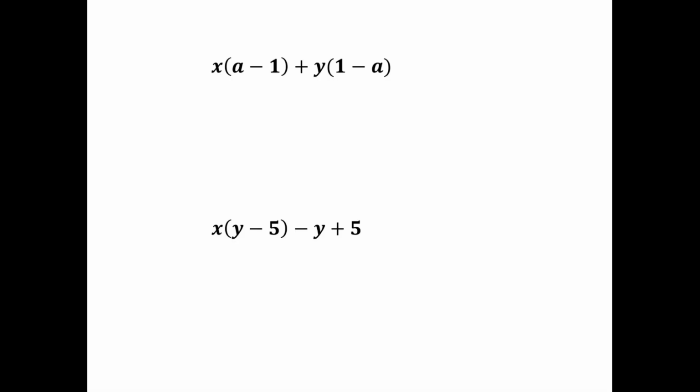So in doing that, we will say, let's rewrite this as x(a minus 1), and then introduce the minus outside, that is to change the sign, and then we say y(a minus 1).